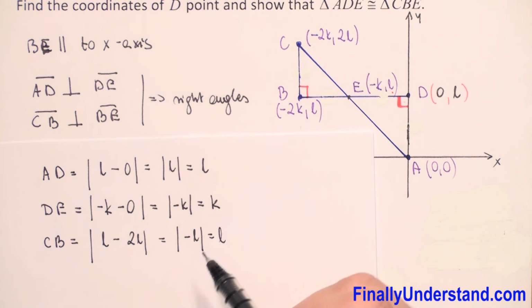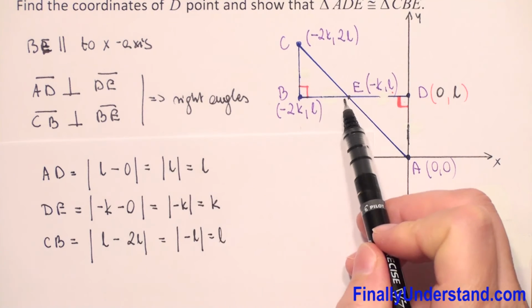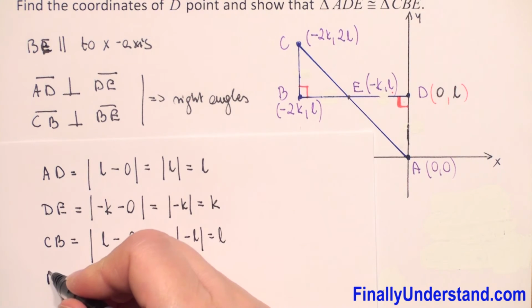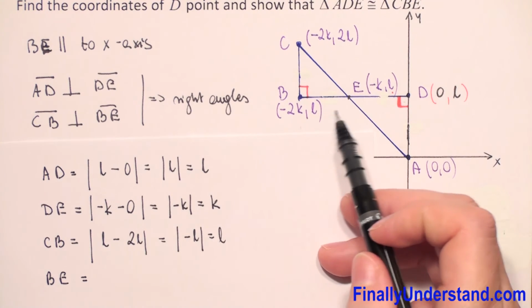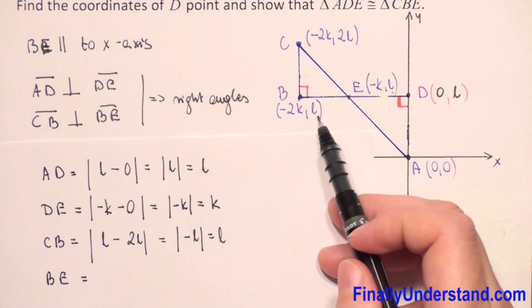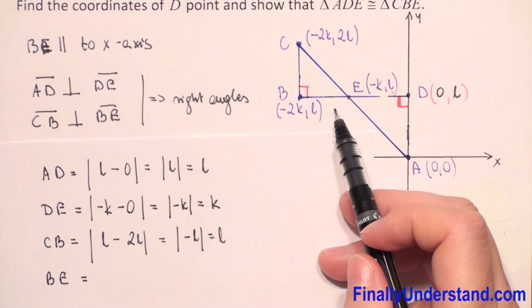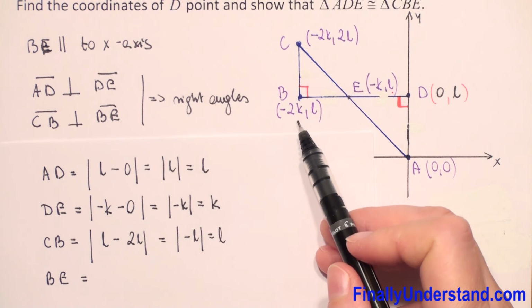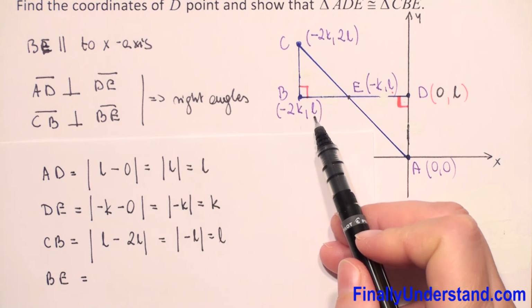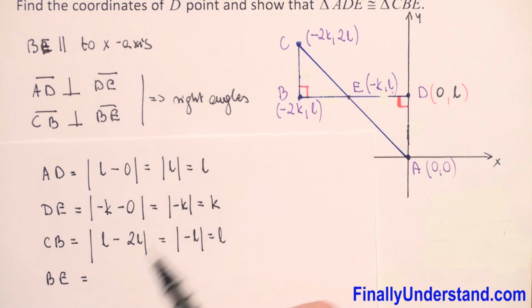And now we have to find BE, the length of BE. BE is a horizontal segment. To find the length of a horizontal segment, we will find the absolute value of the difference of the x-coordinates of the endpoints, because we see that the y-coordinates are the same.